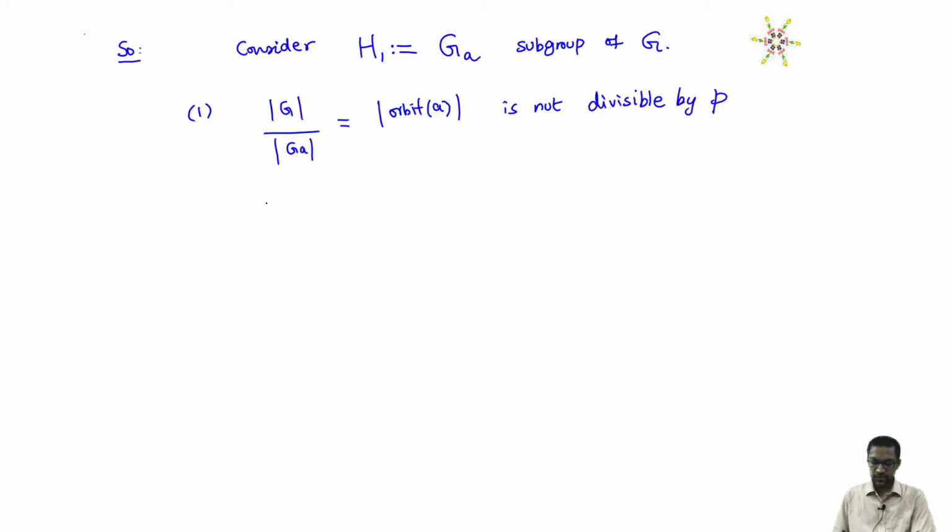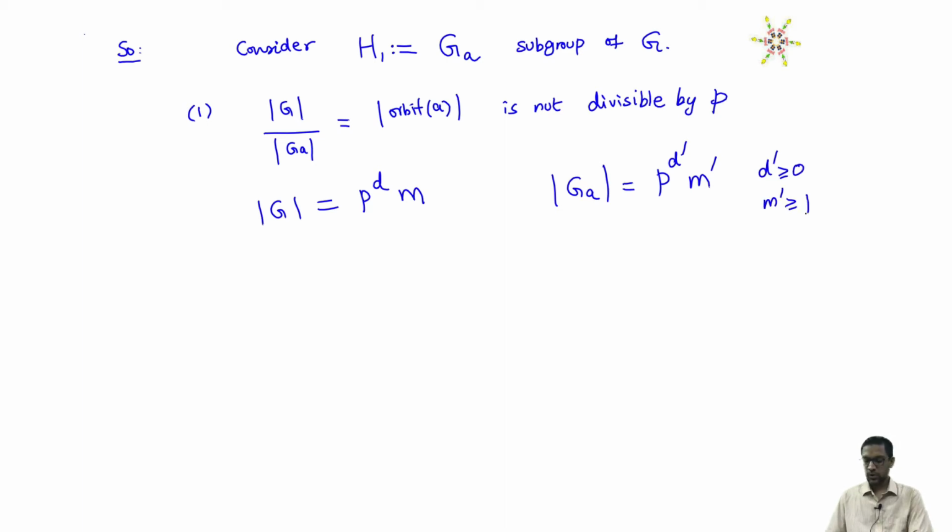Okay, so now what does that mean? Let's write the cardinality of G as P to the D times M. Cardinality of GA will be some power of prime P, P to the D prime, times some number M prime. D prime is some power, could be 0 as well. M prime is some number which is 1 or more.